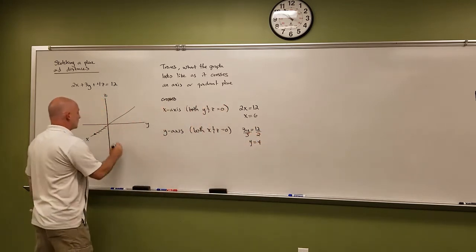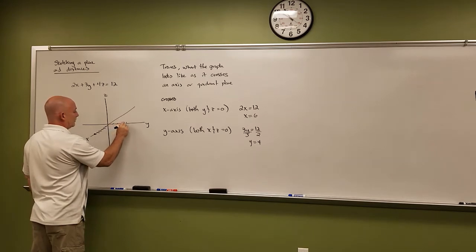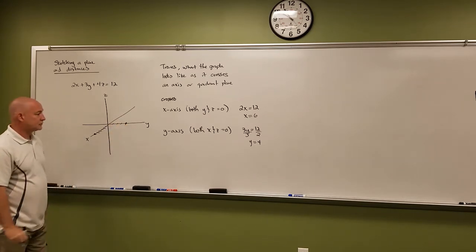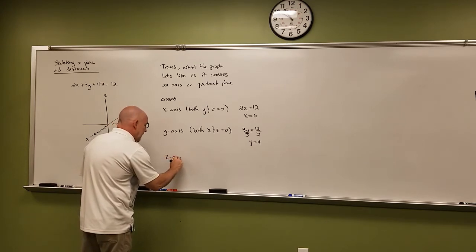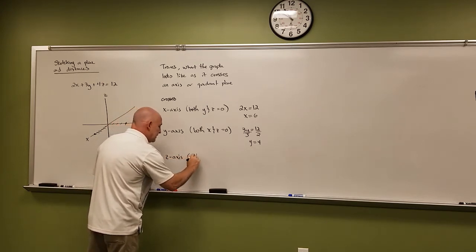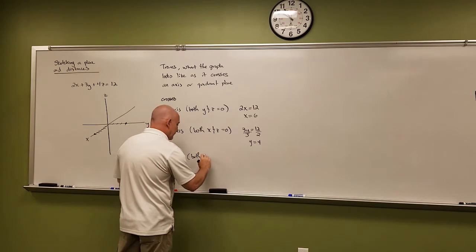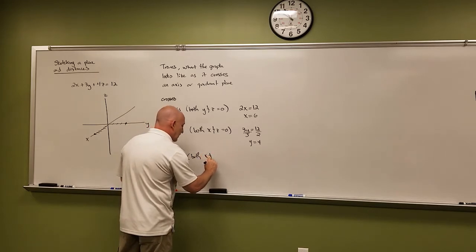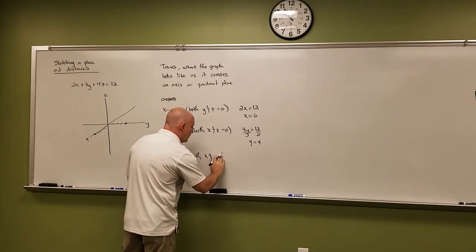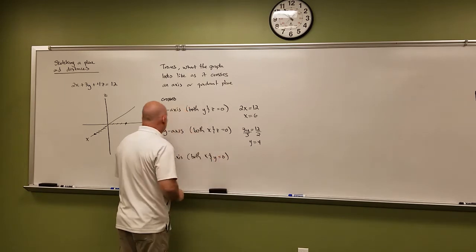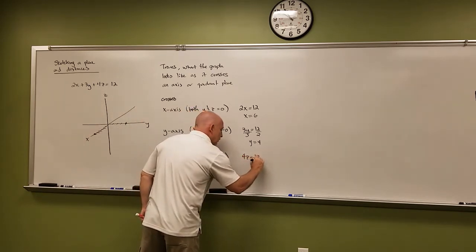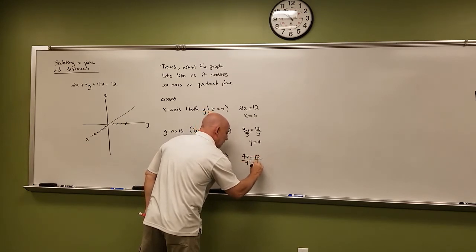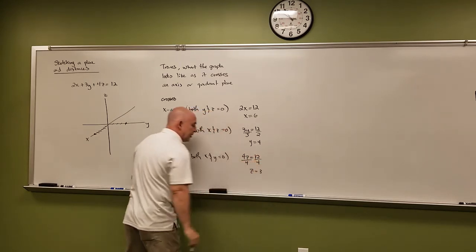So this thing's going to cross the y-axis right about there. Now, with the same logic, and let's go through this one a little bit quicker, for the z-axis, we know for every point on the z-axis, x and y are 0. So if we put x and y equal to 0, we get 4z = 12. So z is equal to 3.